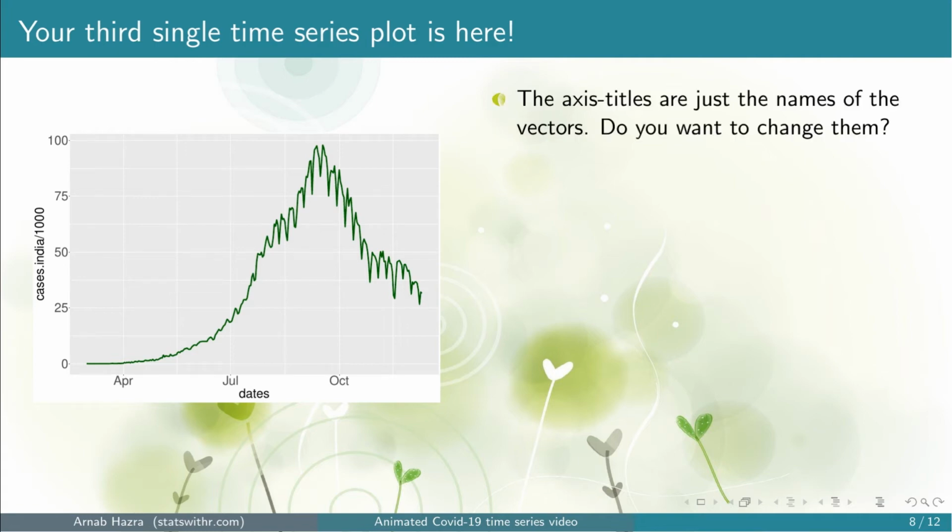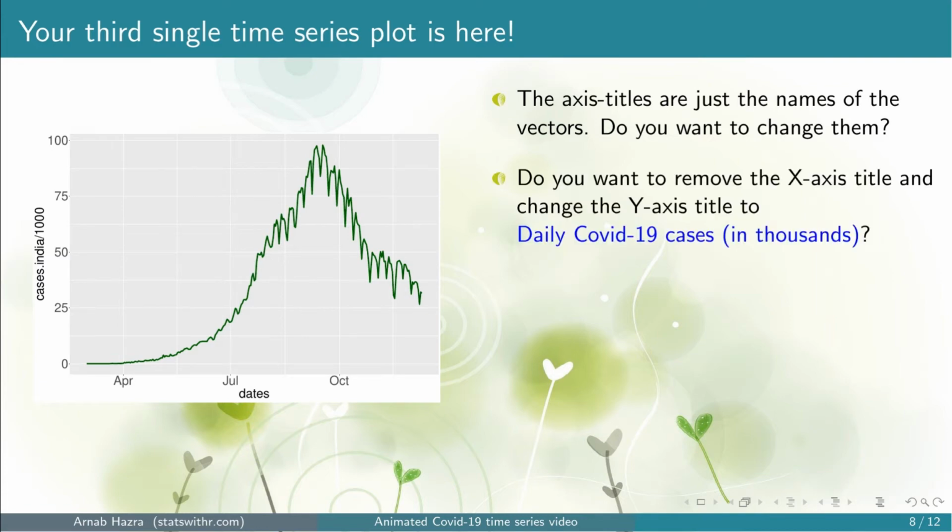Next, note that the axis titles are just the names of the vectors. You might want to change them. Particularly, the x-axis title can be removed as it doesn't provide any extra information. For the y-axis, suppose you want to change the axis title to daily COVID-19 cases in thousands within brackets.